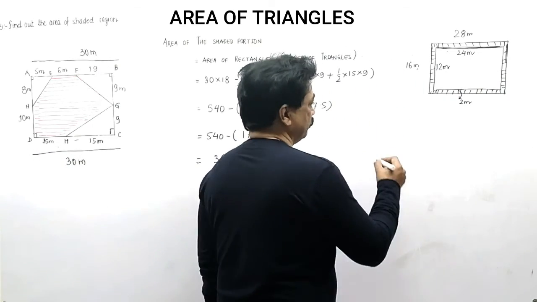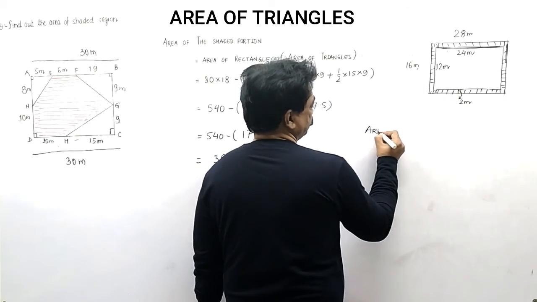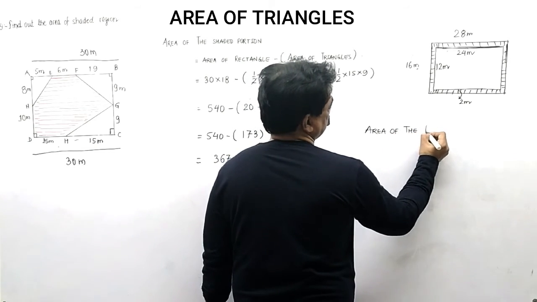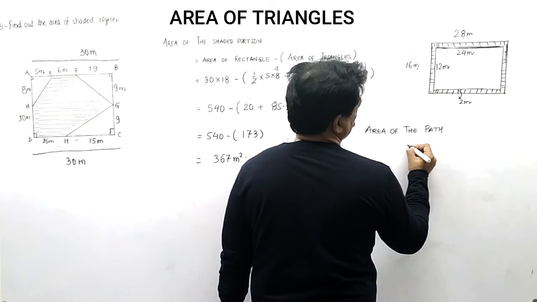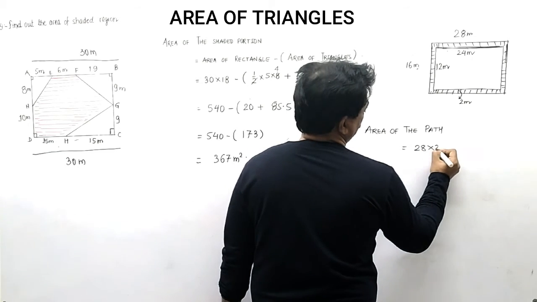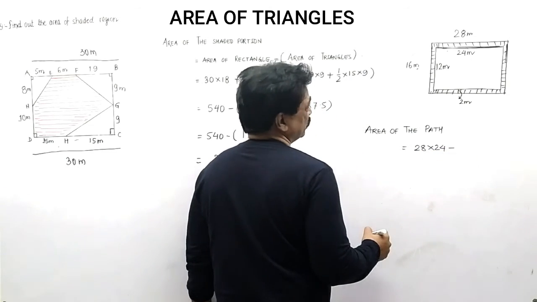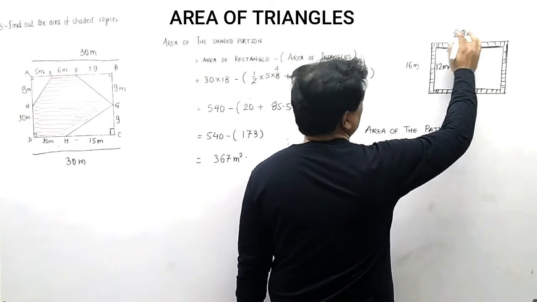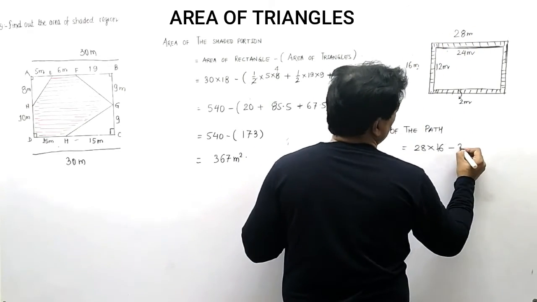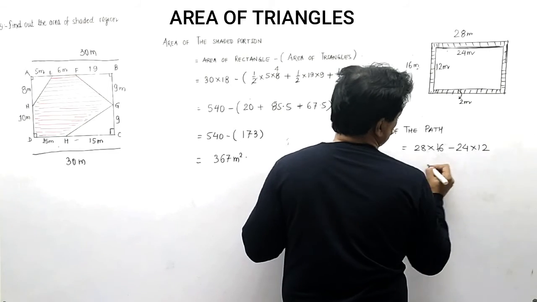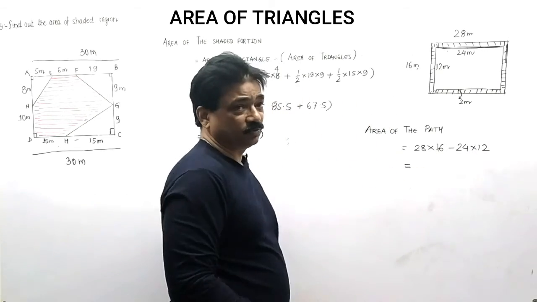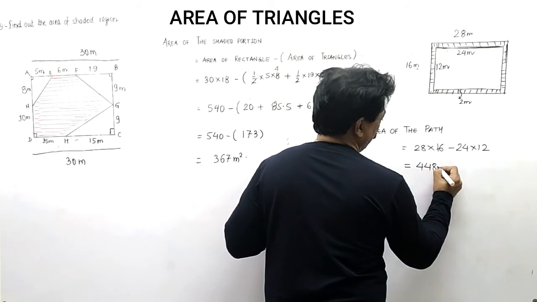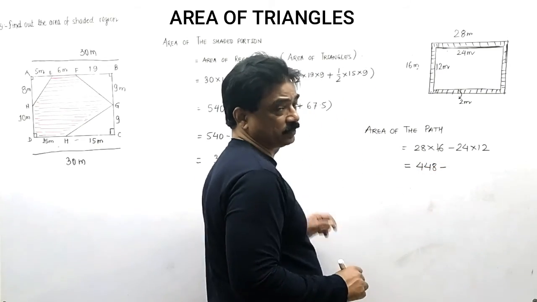Now the area of the path will be outer rectangle minus inner rectangle, that is 28 into 16 minus 24 into 12. 28 into 16 will be 448, and 24 into 12 will be 288.